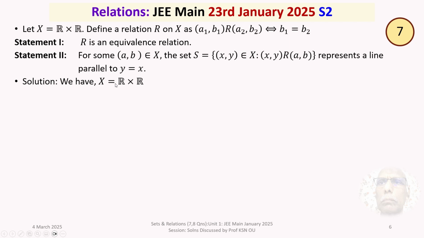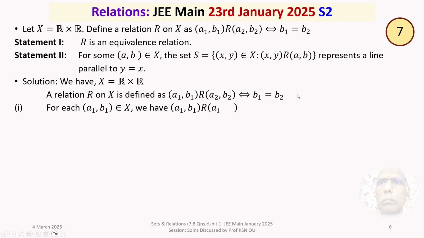We have X is R cross R, the Cartesian product of R with R. So the set of all ordered pairs X, Y, where X belongs to R, Y belongs to R. Here capital R is the set of real numbers. And it is given a relation R on X defined as A1, B1 related to A2, B2 if and only if their second components are equal, that is B1 is equal to B2.